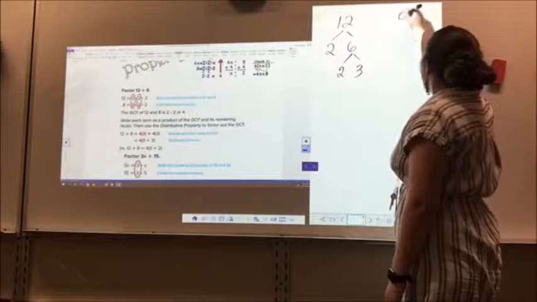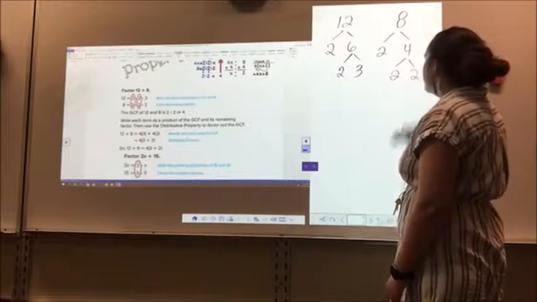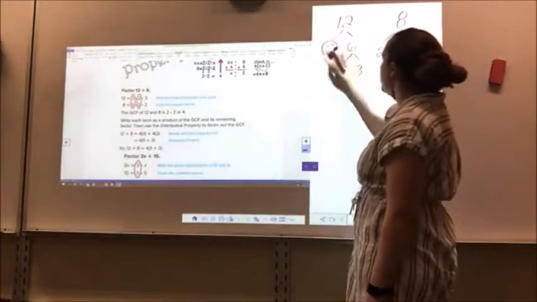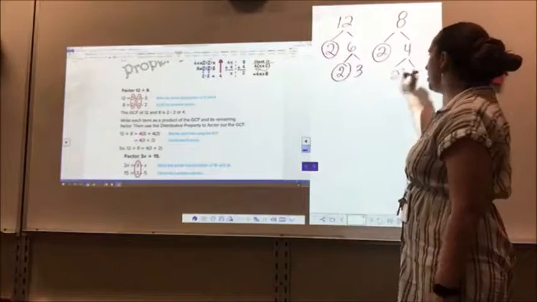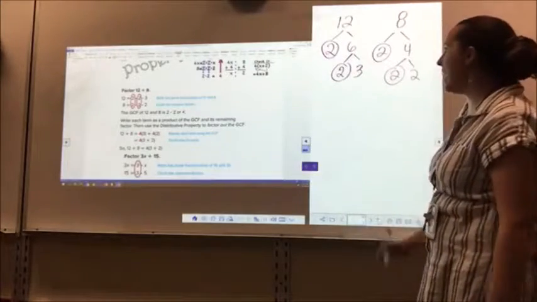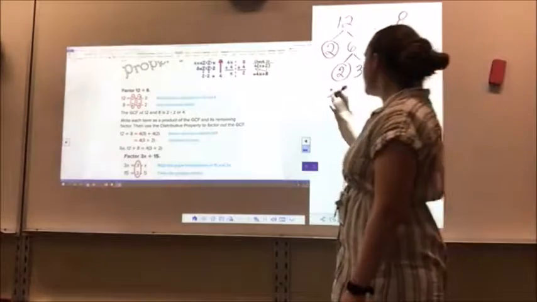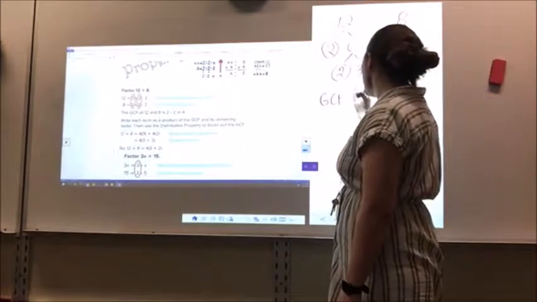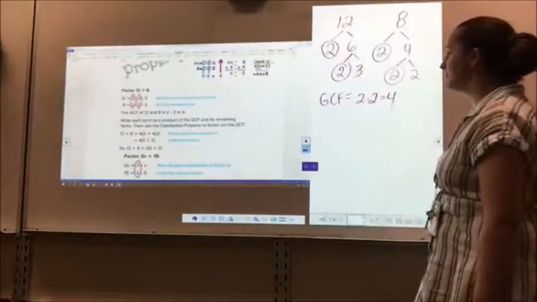Okay. And then 8 we know is 2 times 4 and then 2 times 2. So they have a 2 in common and another 2 in common. So I can take out 2 2's, which is really 4. So the GCF, greatest common factor, is 2 times 2 or 4.